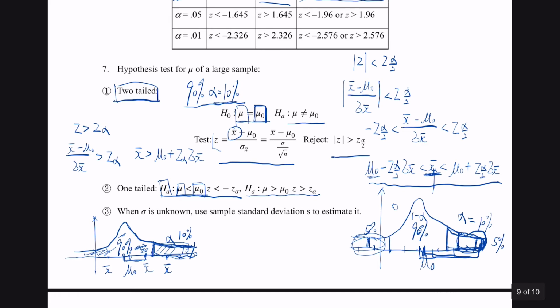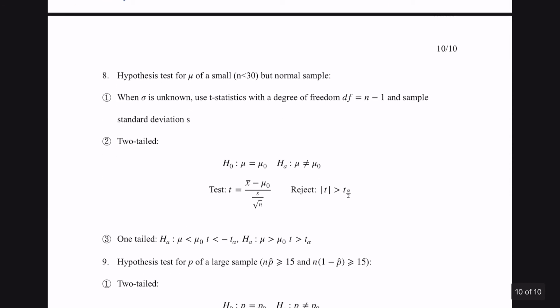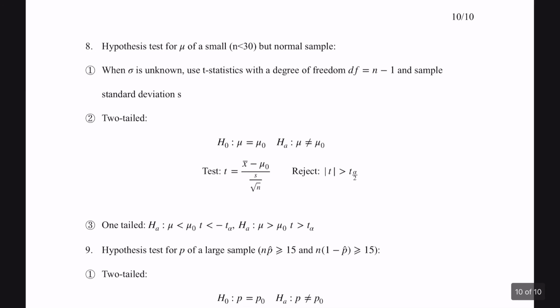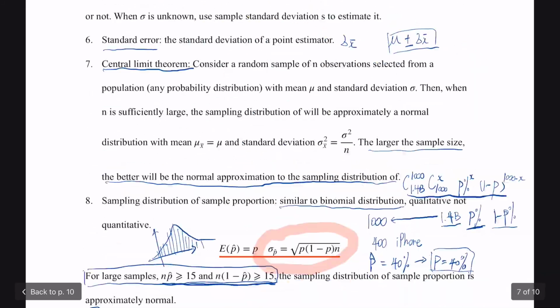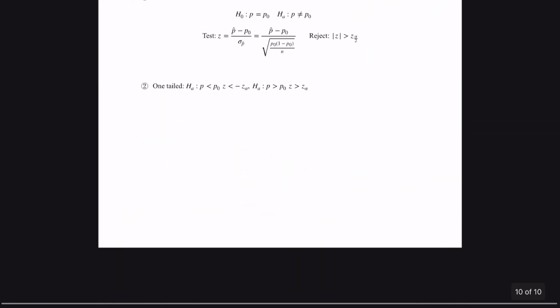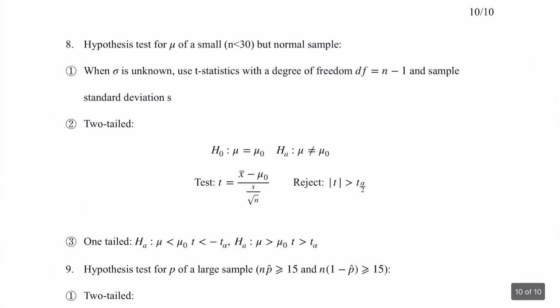Okay, that's about hypothesis test for population mean of a large sample. Then the second type is hypothesis test for population mean of a small but normal sample. We already explained why it should be small and normal, and when the sigma is known, you just use the sigma.